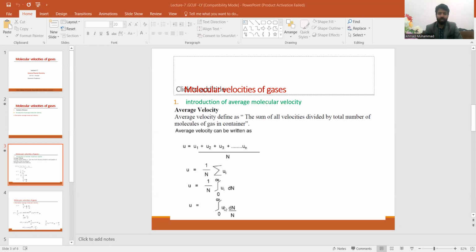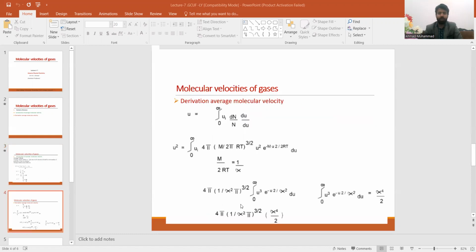And further, this n can be moved inside after the integration, then the equation becomes integration limit 0 to infinity ui dn over n. Further, if we talk about the derivation of average molecular velocity, in this step we make one change.